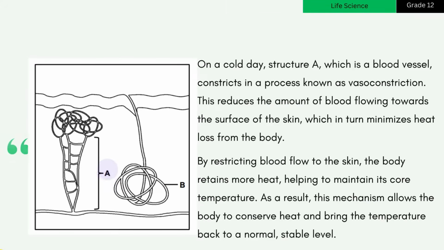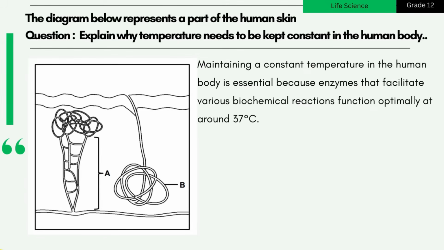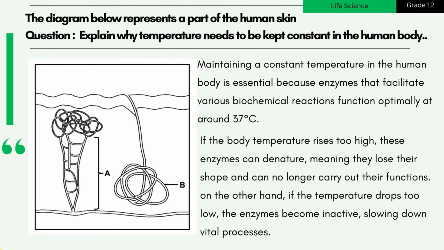As a result, this mechanism allows the body to conserve heat and bring the temperature back to a normal, stable level. Question. Explain why temperature needs to be kept constant in the human body. Maintaining a constant temperature in the human body is essential because enzymes that facilitate various biochemical reactions function optimally at around 37 degrees Celsius. If the body temperature rises too high, these enzymes can denature, meaning they lose their shape and can no longer carry out their functions.